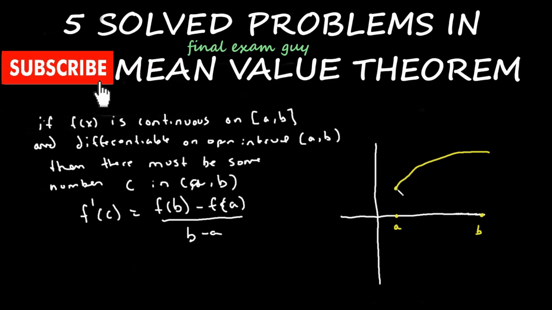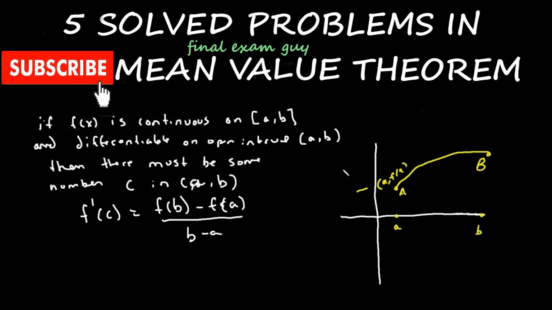And let's call this point A, which is just a comma f of a, and this point here is called b. This point is b comma f of b.